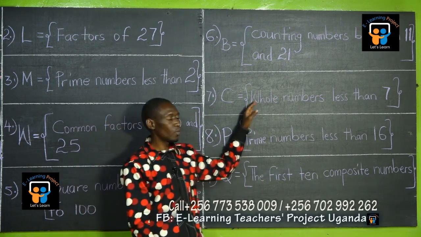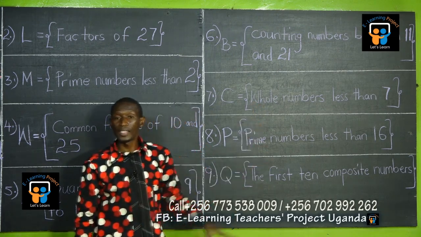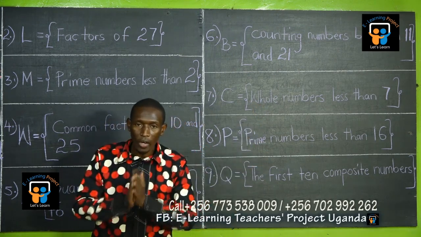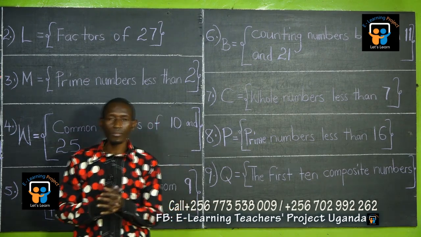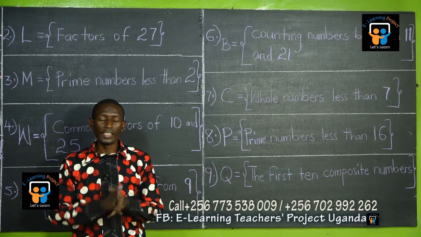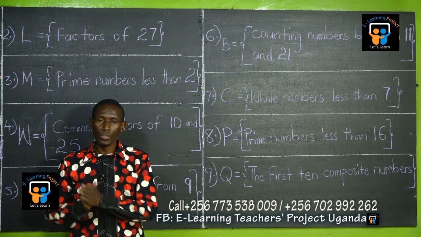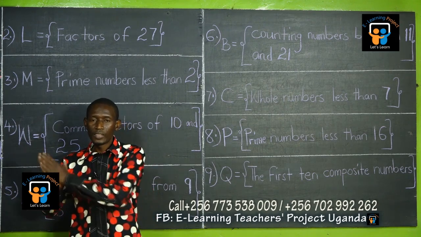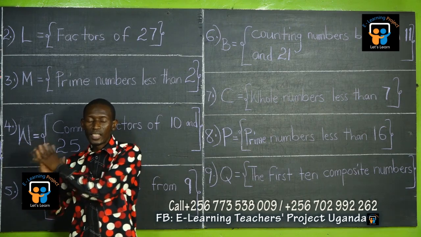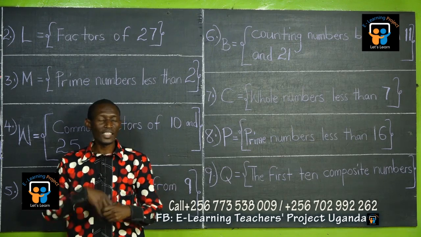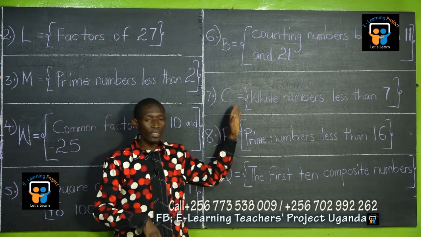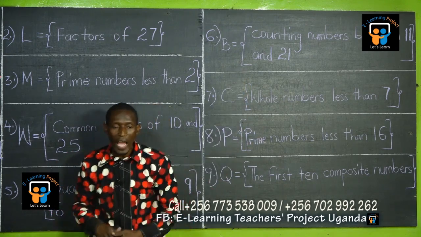So when you are writing the whole numbers, always begin with 0. You get it? 0, 1, 2, 3, 4, 5, 6, 7, 8, etc. It's like writing counting numbers, but the difference is here you begin with 0, and there you begin with 1.